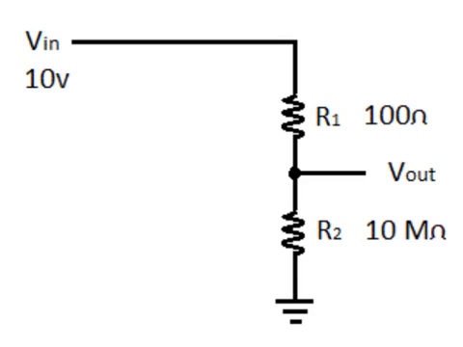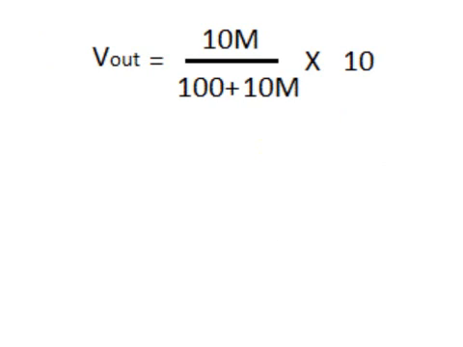For a final example, let's change R2 to something very high, like say 10 million ohms, 10 megaohms. In this case the output voltage is 10 million divided by 100 plus 10 million, which is 10,000,100, times 10 volts. Well, 10 million divided by 10,000,100 is 0.99999, repeating of course.